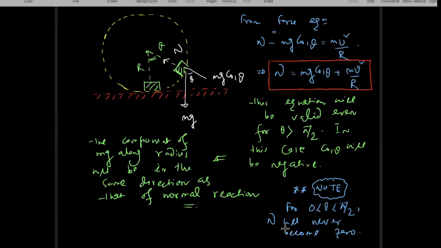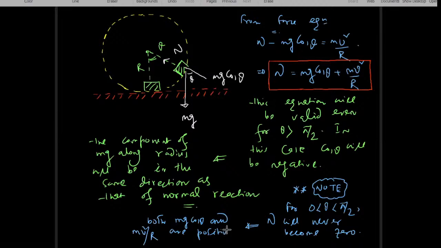Why? Because in this interval, both mg cos theta and mv square by r are positive quantities. I hope you have understood. Read every single step carefully, then respond. We will go ahead after this.